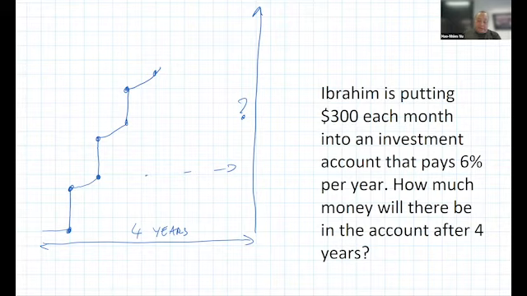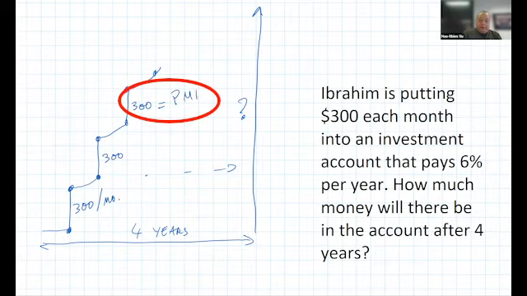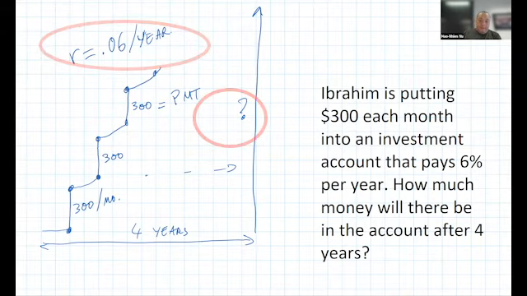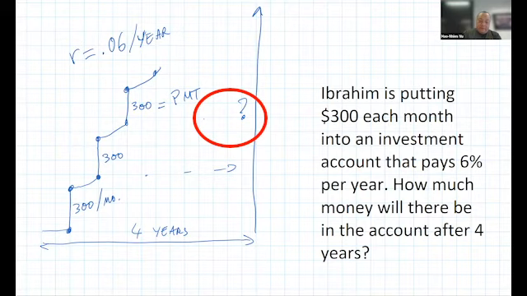What information do we have? We have that each payment is 300, but that's per month. That in our notation is payment, PMT. And the interest rate, R, is equal to 0.06 a year, which we will need to divide by 12 to get to per month. And we're asked for future value. Well, the future value is over there in the future.